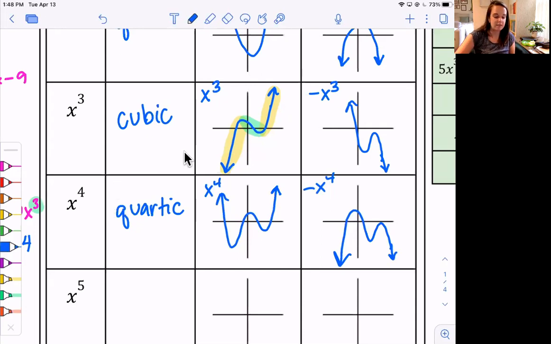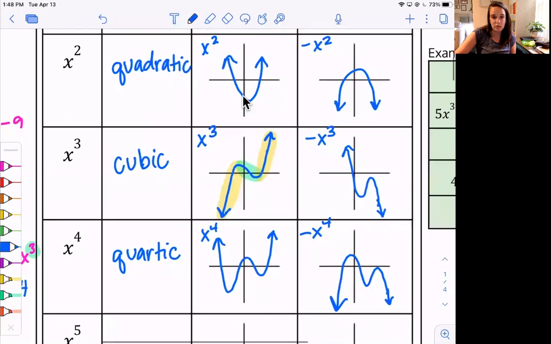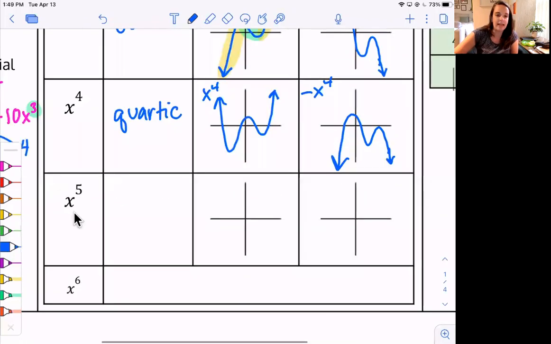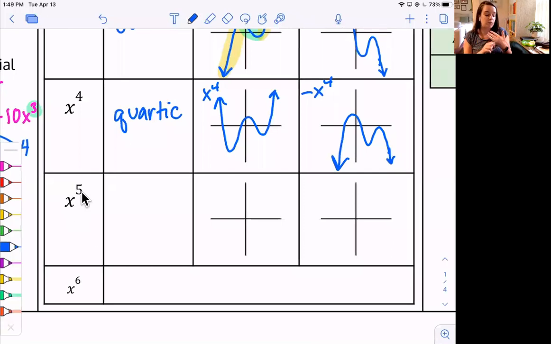All right, so we have quadratic with 2 parts, cubic with 3 parts, quartic with 1, 2, 3, 4 parts, right? And then the last one is x to the 5th. The only word I can think of that uses this prefix is the word for when you have 5 babies at the same time. So you have 2 babies is twins, 3 babies is triplets, 4 babies is quadruplets.